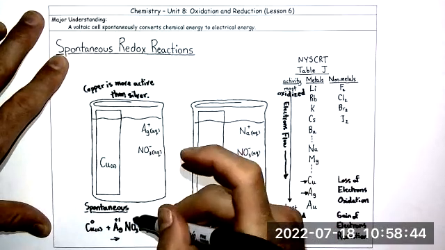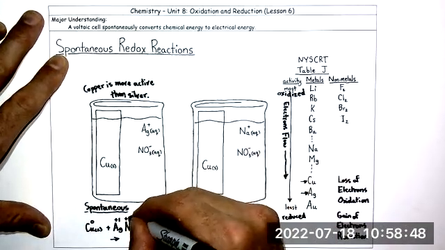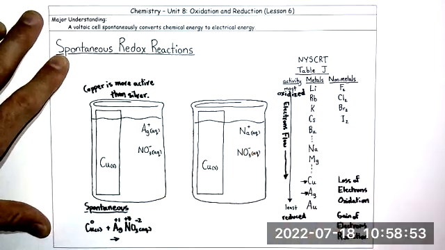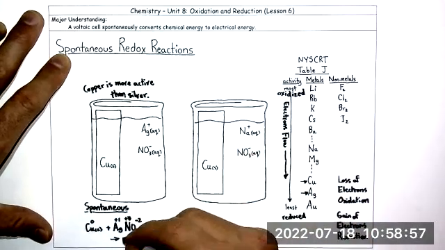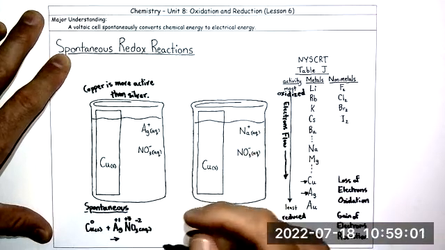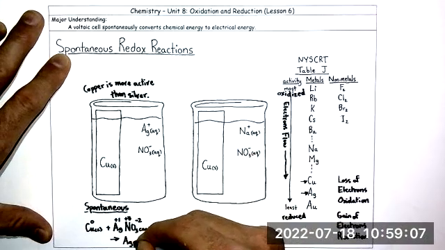And in order to make silver nitrate completely neutral, nitrogen has to have an oxidation state of +5. Okay, and so what we're going to end up with is silver gaining an electron from copper. Okay, so we're going to end up with Ag0, and it's going to be solid.